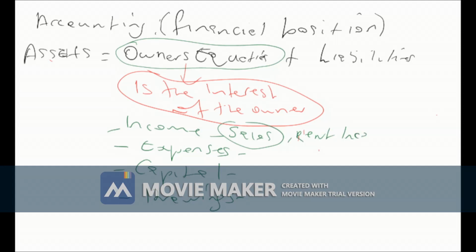Rent income, maybe when a business owner took a portion of the building of the business and gave it to a tenant, and then those people will pay the rent at the end of each month.